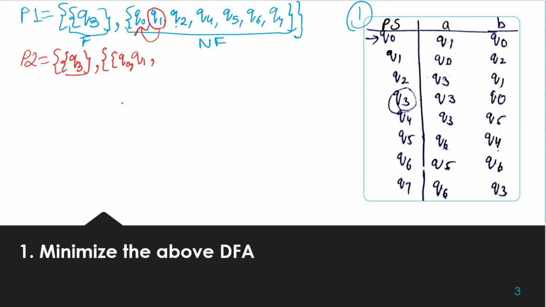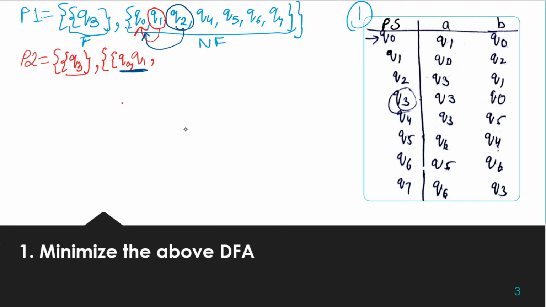So for example, we have to work with Q2 now. For Q2 we can compare Q2 with any of the states that are similar, means we can check Q2 with Q0 or with Q1. It's up to you, as Q0 and Q1 are similar, the result will be the same. So we can choose any state from the set of similar states. Here I am comparing Q2 with Q0 only. You can compare it with Q1 also, results will be the same.